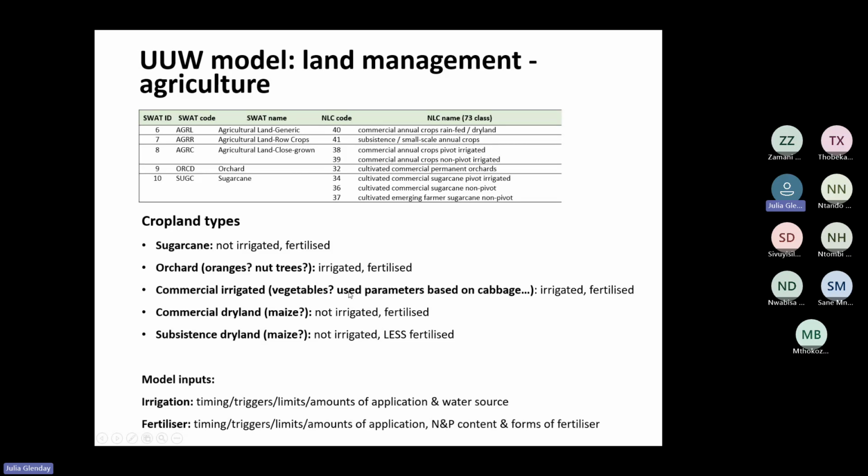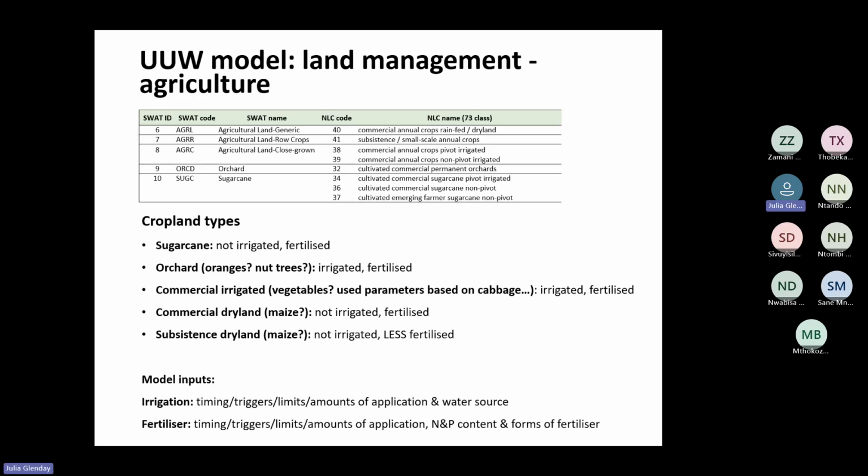Now, for the crop types, that's where there's probably more water quality input considerations. Sugarcane, I've assumed it's all not irrigated but is fertilized. Orchards, I've assumed it's irrigated and fertilized. Commercial, as I mentioned before, I was assuming it's cabbage mostly, but I'm assuming it's a mix of vegetables, but I'm using parameters based somewhat on cabbage.